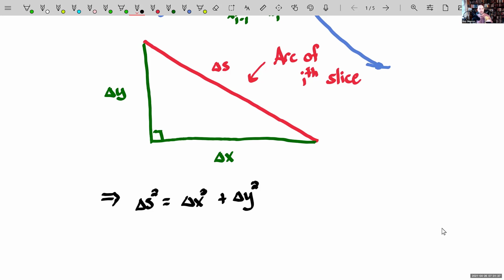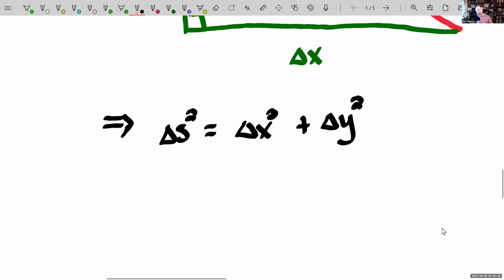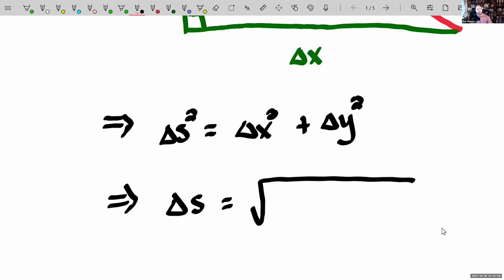The good old Pythagorean theorem. Now, I'm going to go ahead and take the square root of both sides. Since an arc length is never negative, I'm not going to worry about the plus or minus on the square root. Arc lengths are just not negative.